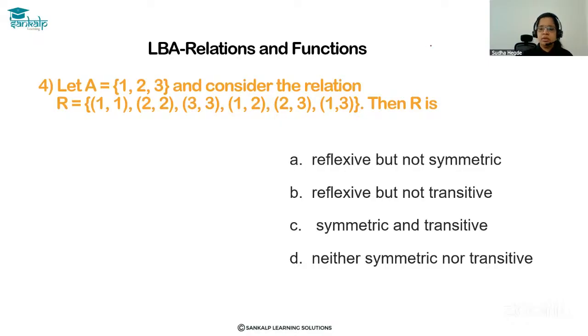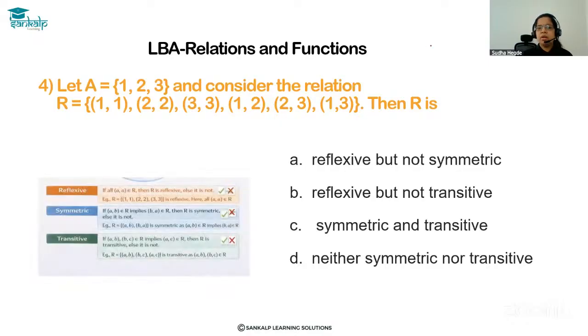Then see the options. Option A, reflexive but not symmetric. Option B, reflexive but not transitive. Option C, symmetric and transitive. Option D, neither symmetric nor transitive.